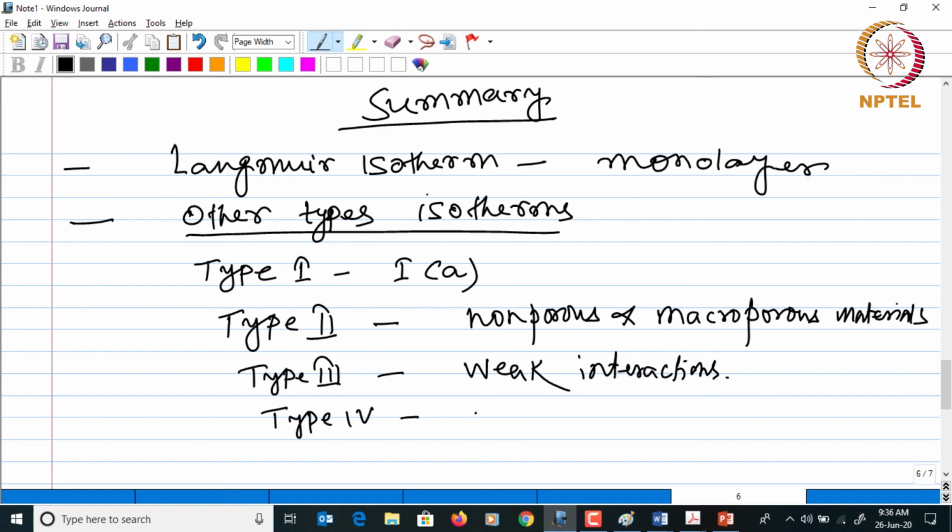Type 4 we have two categories, A and B. When the width of the pore is greater than a critical width, type A is obtained. And type B is typical of mesoporous materials having pores with smaller widths.